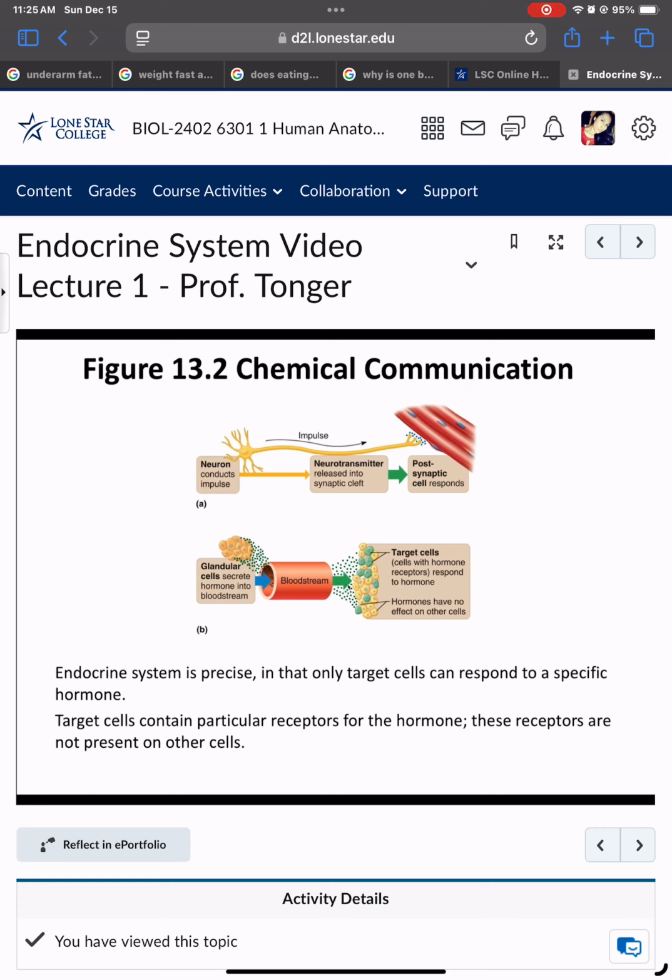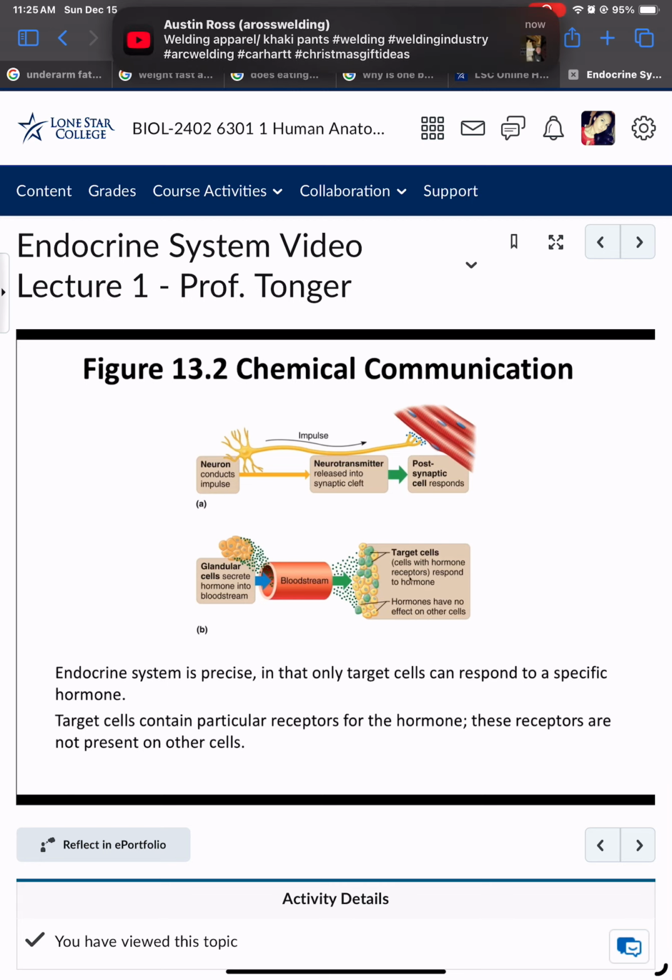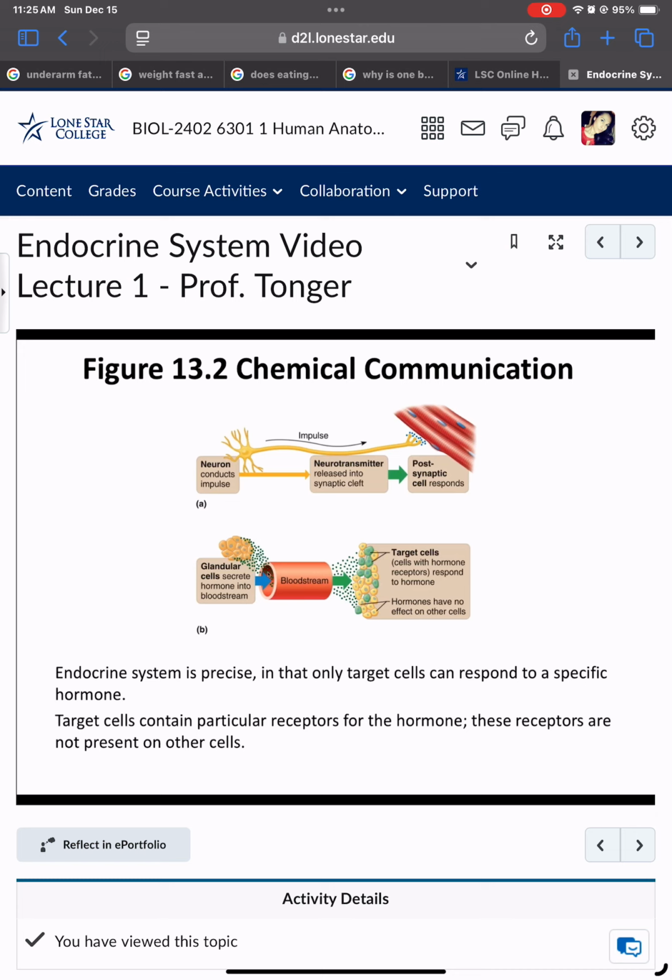Now, once they reach the target cell, they will act particularly on very specific cells on which you find some receptors. Okay, so the target cells are the cells with the hormone receptors. You can see this green stuff, which is also called hormones.